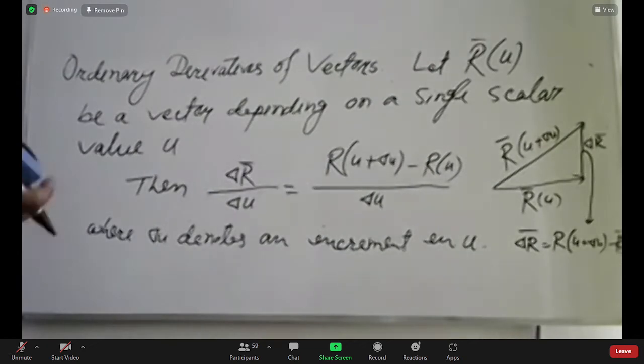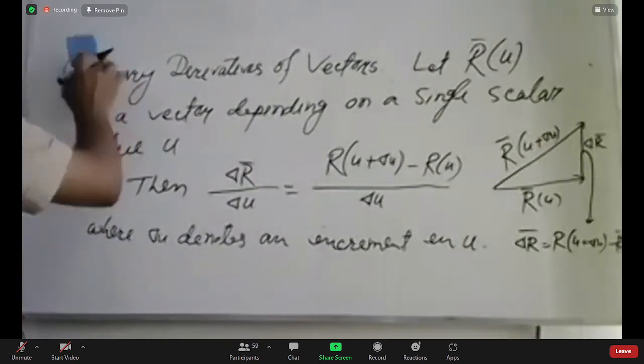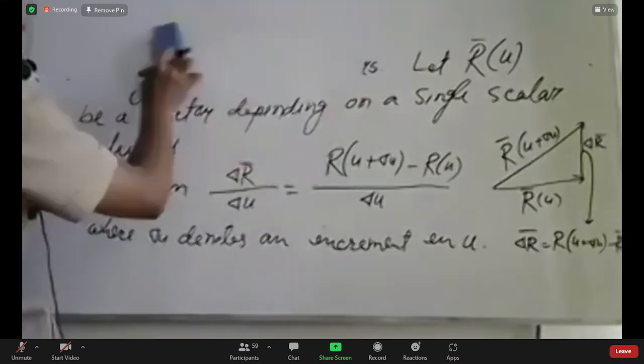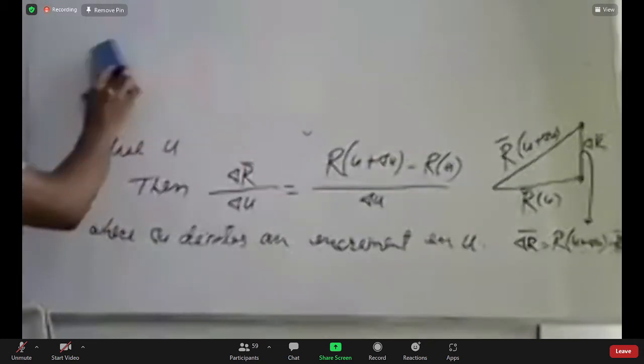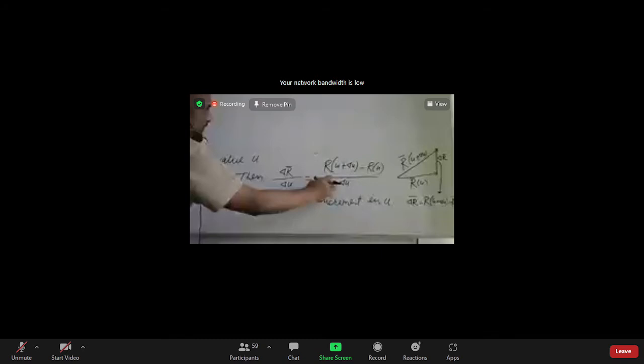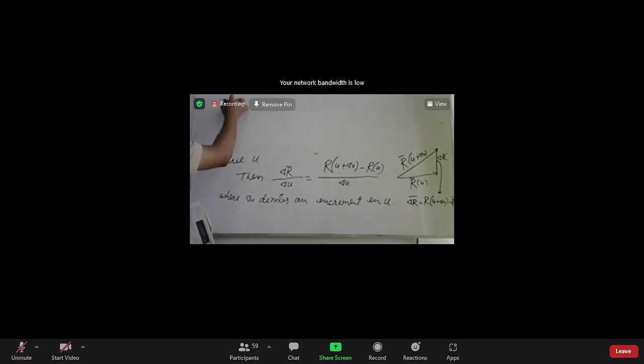dr by du. Therefore, the derivative, are you getting? The derivative is this limit. If you take the limit of this, it will indicate the derivative. Sir, what does ordinary derivative mean? Ordinary means the derivative which is very ordinary, not partial.